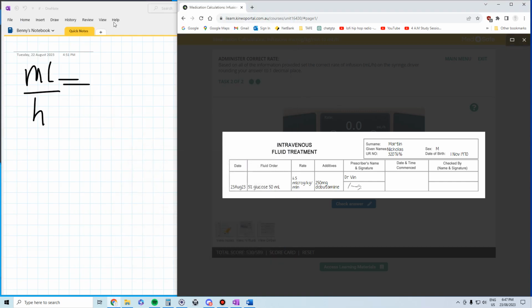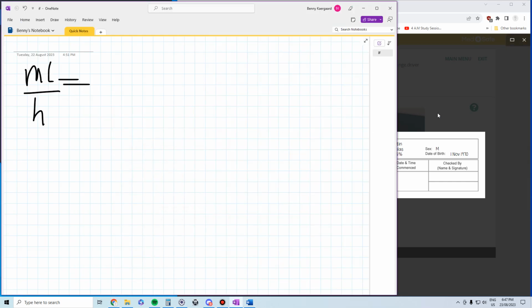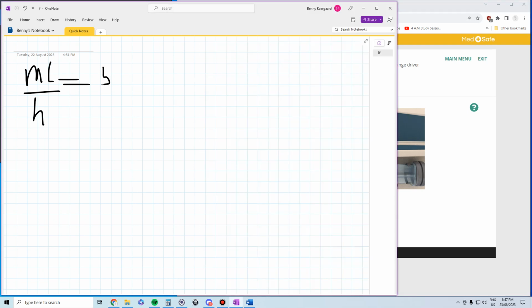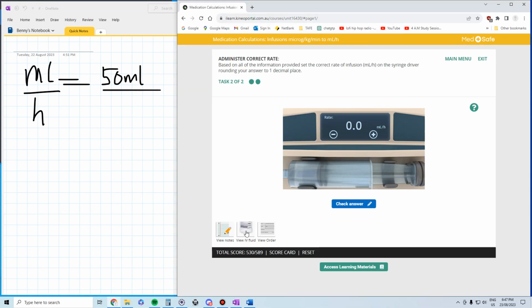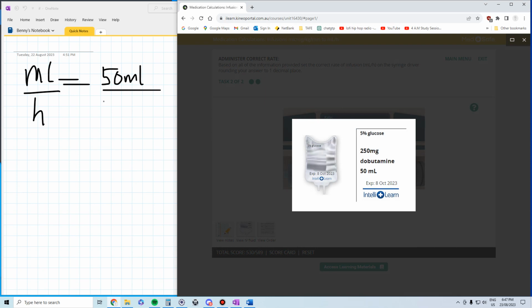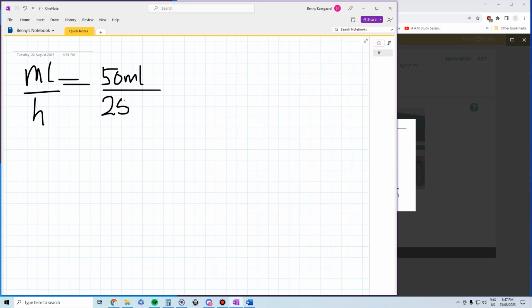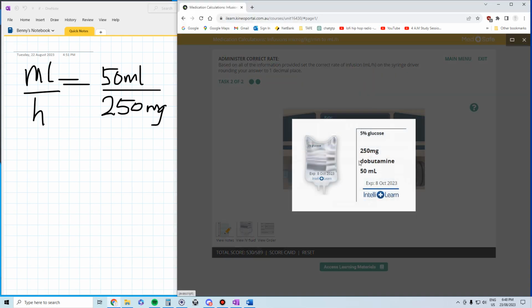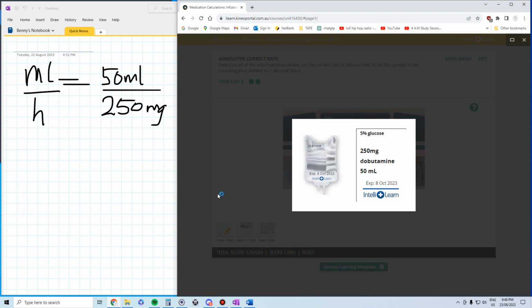So we'll go back to this and we'll put 50 milliliters. So we've got milliliters at the top. It's 250 micrograms. No, milligrams.